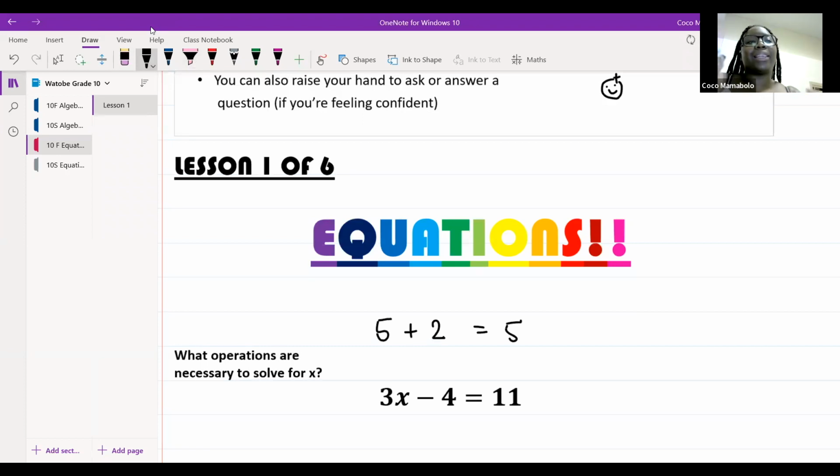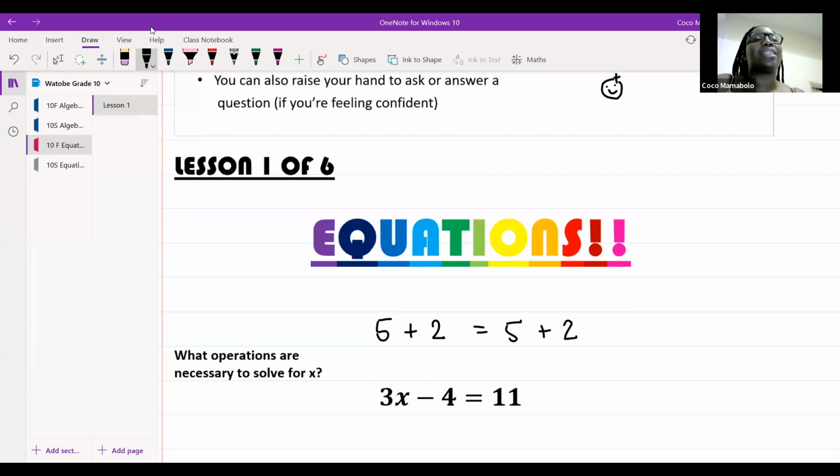Are the two sides the same? No, they're not. I'm going to have to add 2 on the other side as well in order for this to make sense.